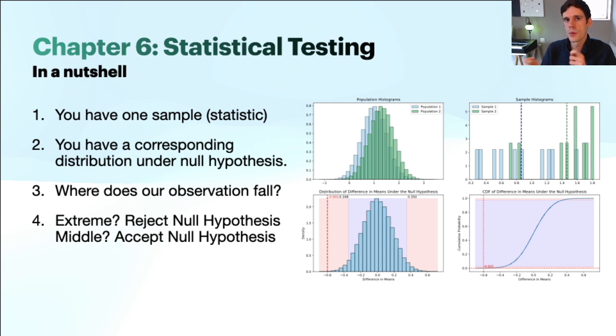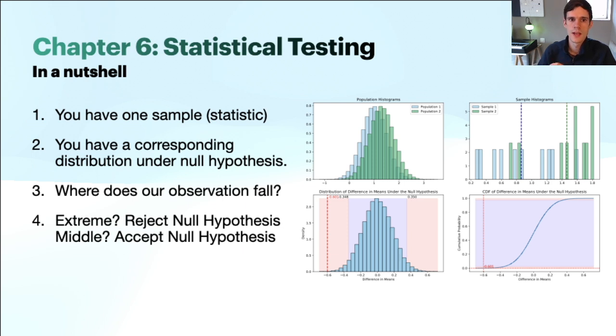Now, before we dive into the code and generate all of these figures ourselves, and thus be able to play around with the parameters and get a better intuitive understanding of all of these concepts, let's first briefly recap what we have. First of all, you have only one sample, and thus only one sample statistic. Second of all, you have a corresponding distribution which is valid under the null hypothesis, meaning that there is no difference in population statistic.